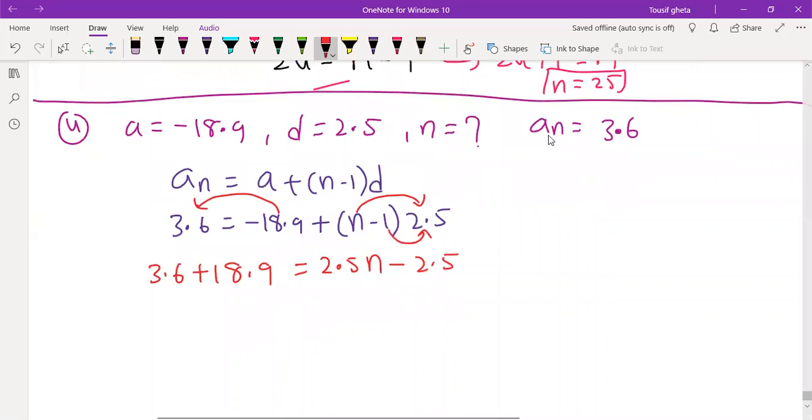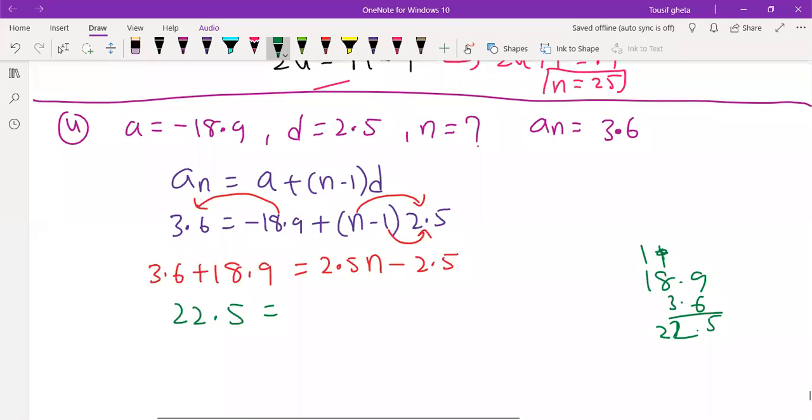So 3.6 plus 18.9, if you add it, you will get 22.5. And this is as it is, 2.5n minus 2.5.